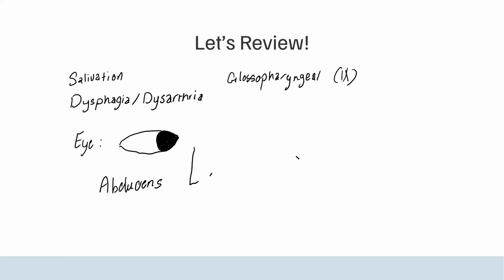Let's go through one more. Let's say that the patient opens their mouth. Okay, they open, this is their mouth. And then their tongue, instead of going straight, it protrudes to the side like this. 12. Why not 5, 7, 9, or 10?